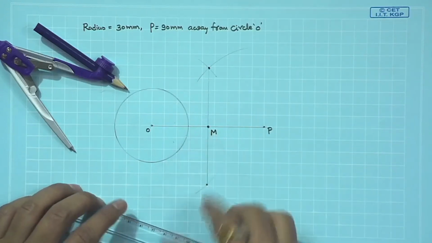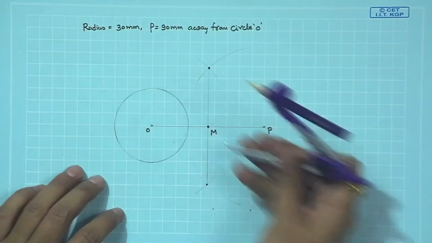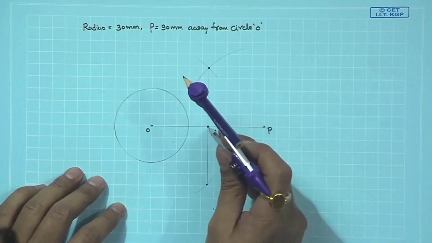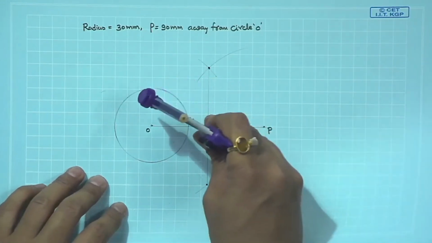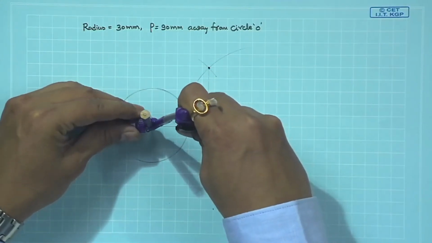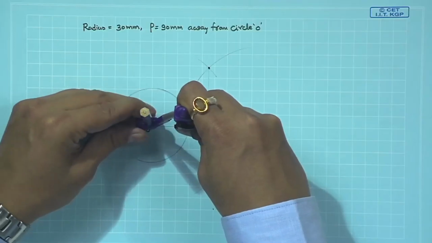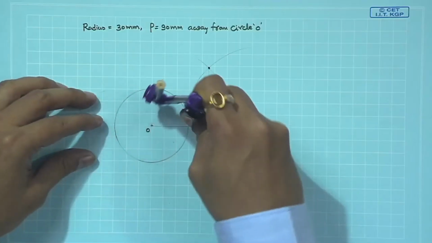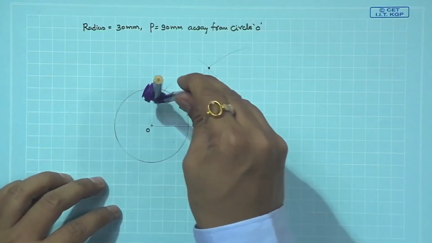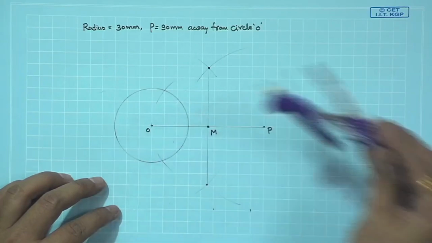Once we identify M point, what we have to do is use M as center and radius MO to locate J point. So, for that we pick M point, pick O, M as radius, identify the point on both the sides.